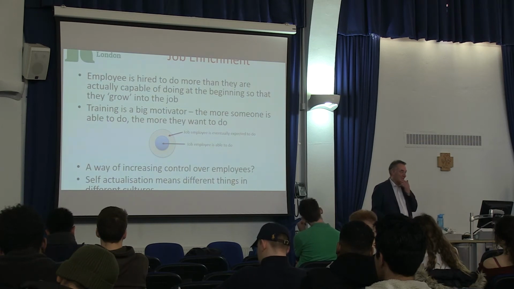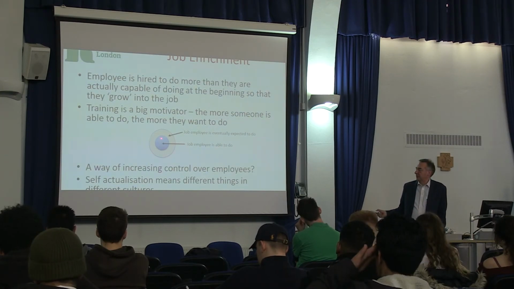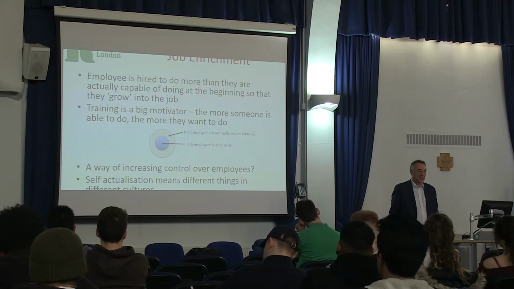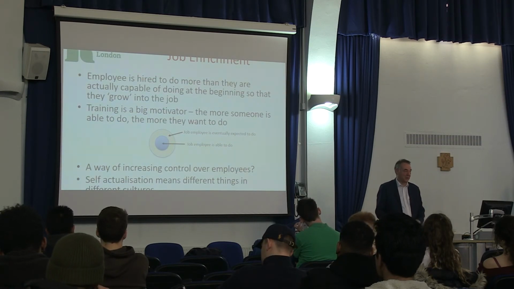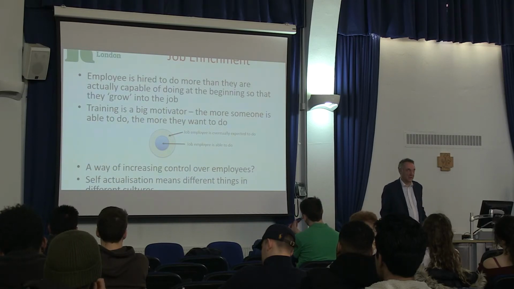This, of course, is a good theory. It's a little bit limited in that it isn't always possible to give people a job that they can grow into. In any organization, you've only got certain jobs that need to be done. You can't go around inventing jobs so that people can grow into them. And of course, this also only applies really to people who are doing professional jobs, doesn't it?